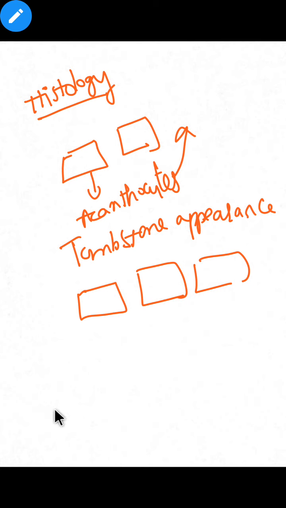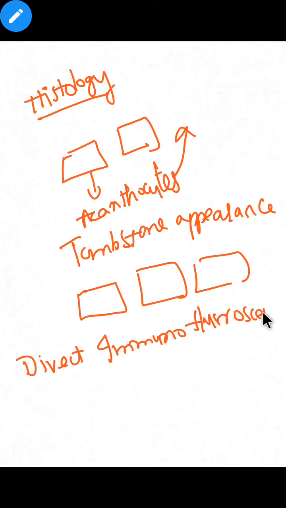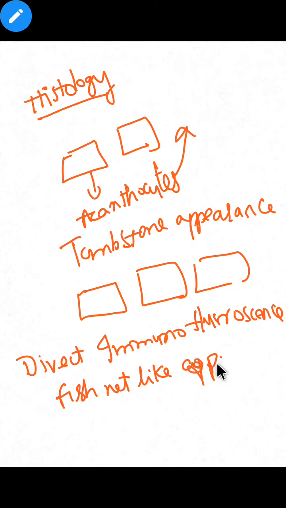And one more sign is direct immunofluorescence. What we see is a fishnet like pattern of IgG antibodies. Let us see what is this fishnet like pattern.